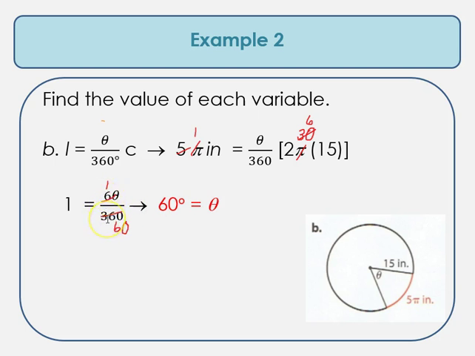Well, 6 and 360 can be reduced, so you'll end up with 1 over 60 theta. And if we solve for theta, we'll multiply both sides by 60 to solve for theta, and we end up with theta equaling 60 degrees.